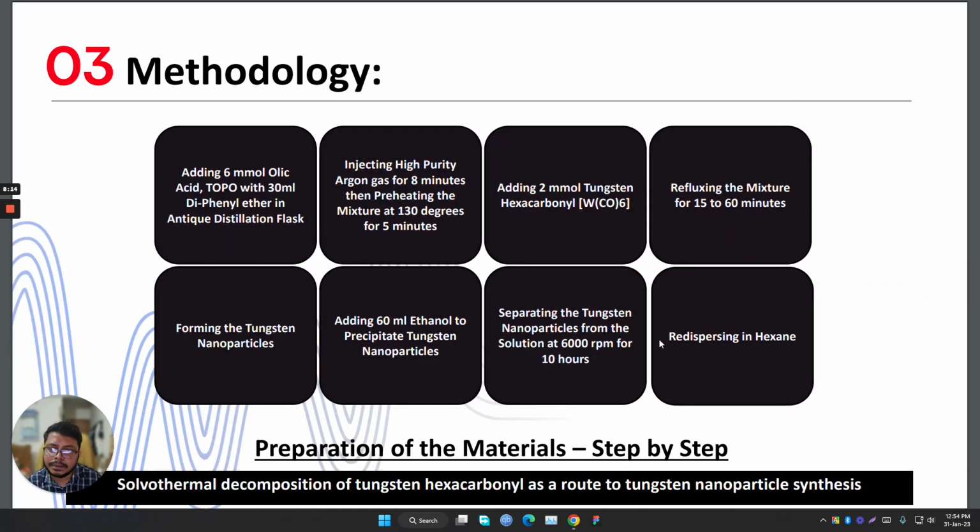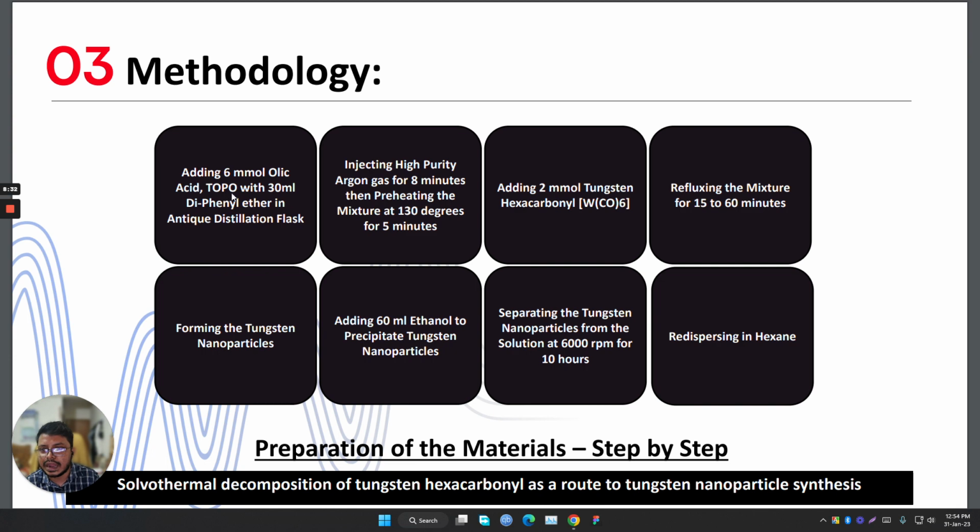Then we prepare the material step by step. We use solvothermal decomposition of tungsten hexacarbonyl as a route to tungsten nanoparticle synthesis.